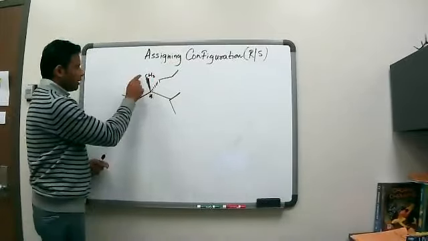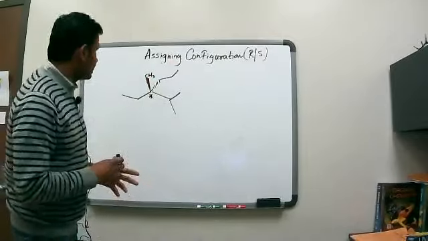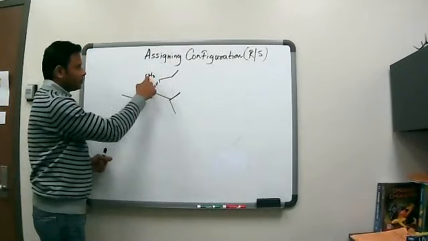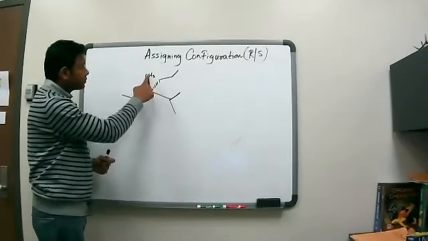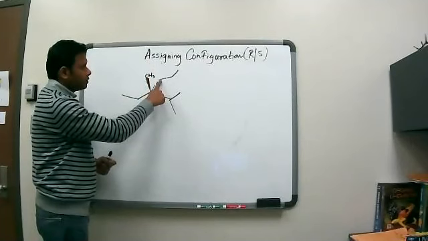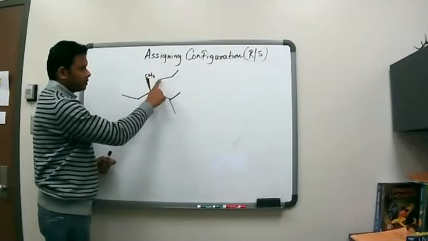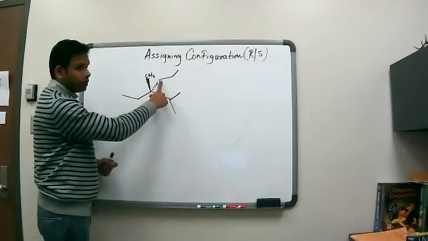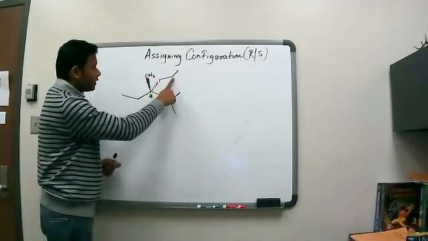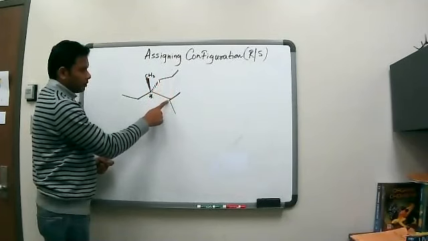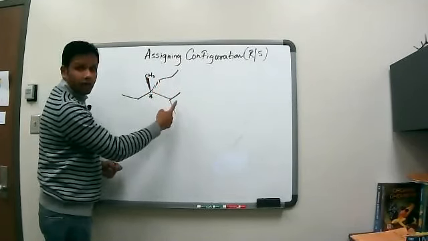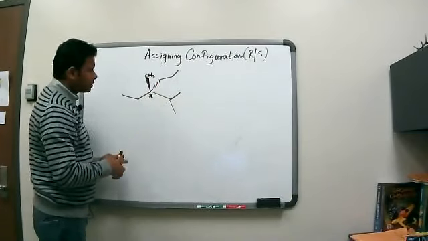So what we're going to do next is go to the next layer. If I look at this carbon, it's connected to 3 hydrogen atoms. This carbon is connected to 2 hydrogens and another carbon atom, a CH2 group. Over here, the carbon is connected to 2 carbons and a hydrogen, if you read the bond line structure.